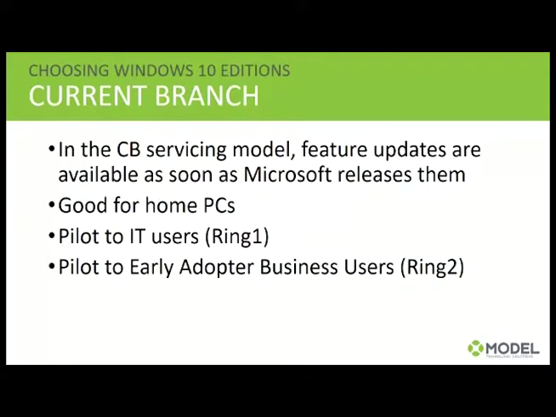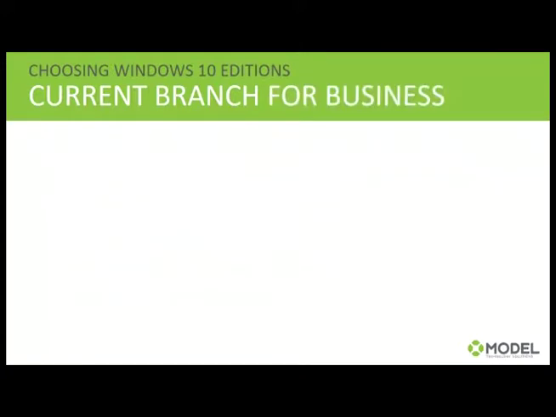Early adopters that are business users in your organization, we'll call that Ring 2, and the broader IT users, which we'll call Ring 3. In addition, there is only one current branch that exists at any one time. So there's Windows Current Branch, okay? Let that sink in for a minute.